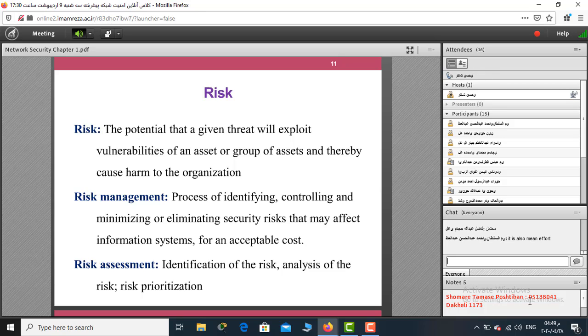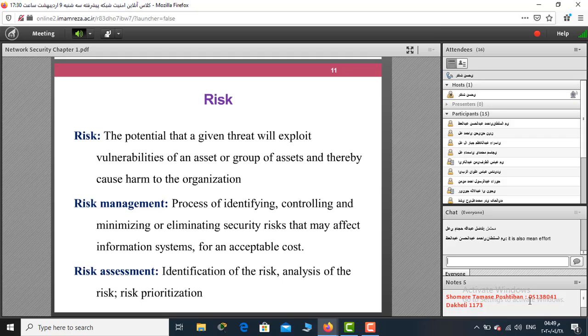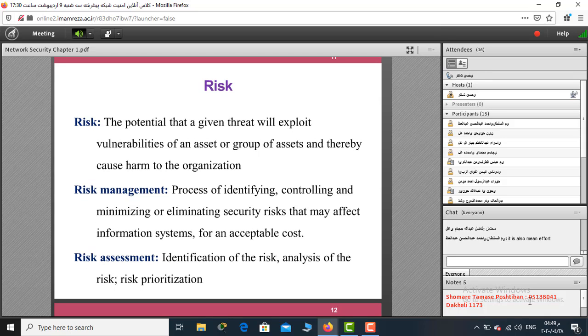Again, I explained situation 1, and then I will explain situation 2, and we will compare the value of risk in these two situations.